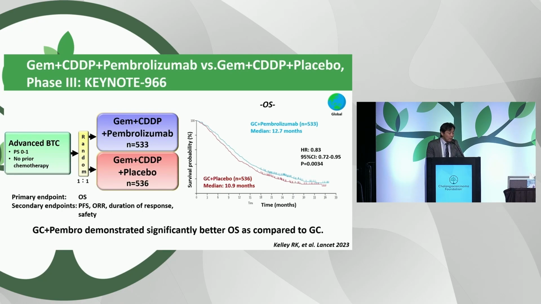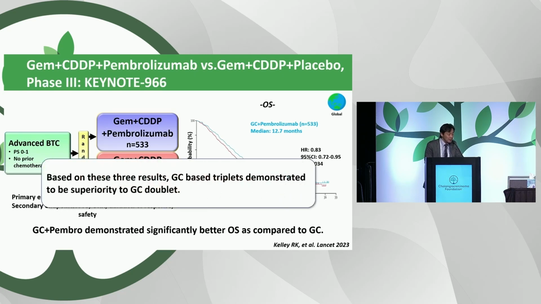So GEM-CIS plus pembrolizumab demonstrated a significantly better overall survival as compared to GEM-CIS. Based on these three results, GEM-CIS-based triplet regimen was demonstrated to be superior to GEM-CIS doublet.